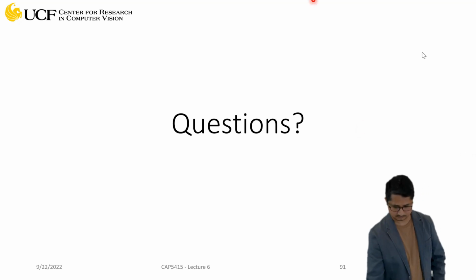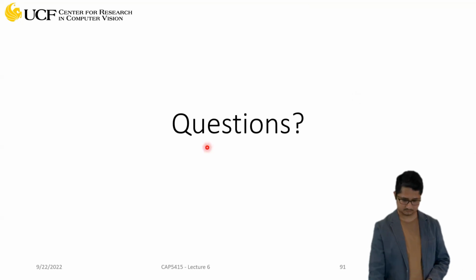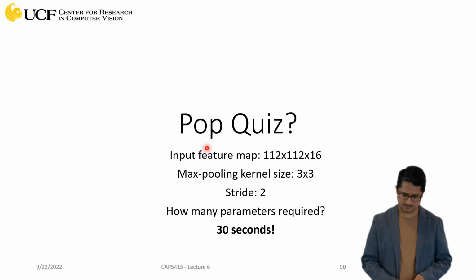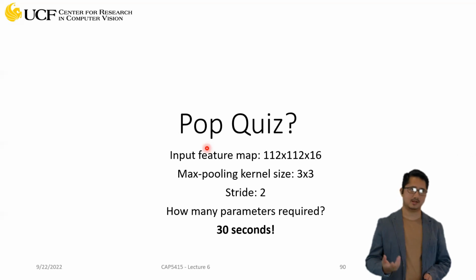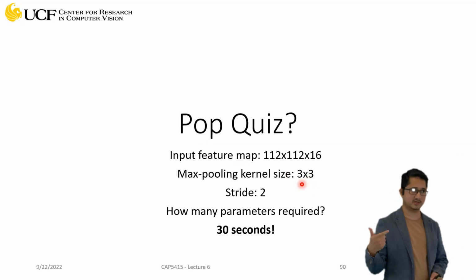I have a question about this last quiz. So the stride doesn't count as a parameter; it's a hyperparameter. Stride, it's a hyperparameter, right? You just set it to 2. You're not learning it. Yeah, it's a hyperparameter, but it's not a parameter.